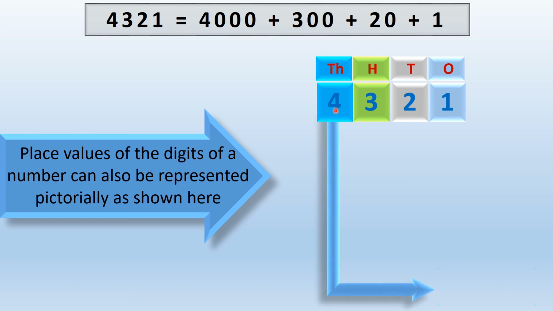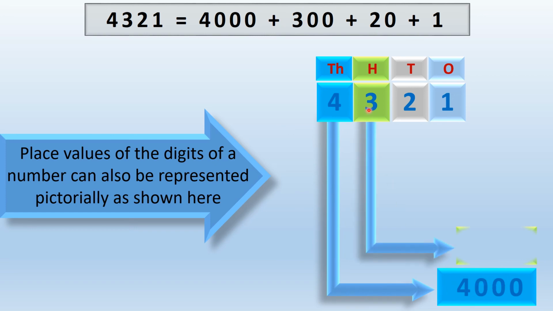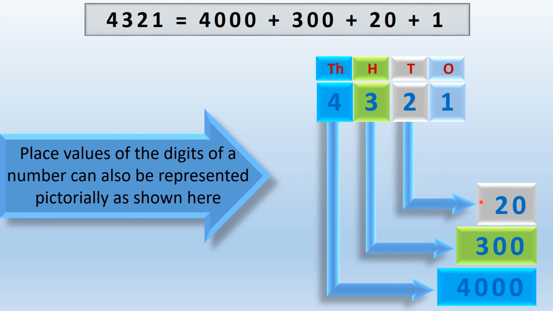Therefore, the place value of 4 is 4000, place value of 3 is 300, place value of 2 is 20, place value of 1 is 1. So, place values of the digits of a given number can also be written in this form.